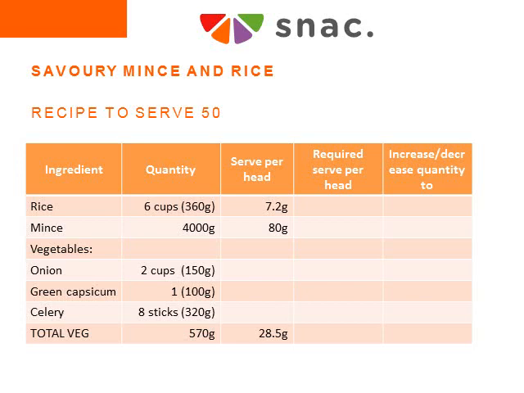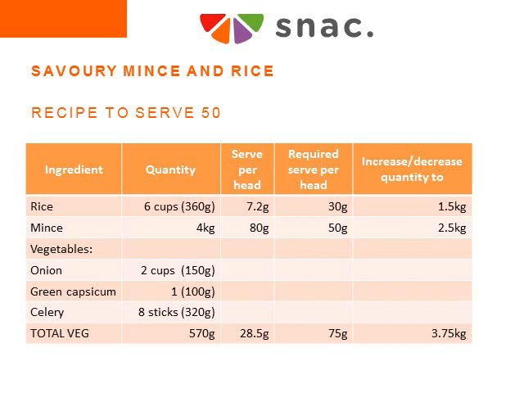Now with the vegetables, we've got 1 onion, a green capsicum and 8 sticks of celery, which added up together is 570 grams of vegetables, which when you consider that is to serve 50 children doesn't seem to be a great deal. And it does actually equate to 28.5 grams of vegetables per serve.